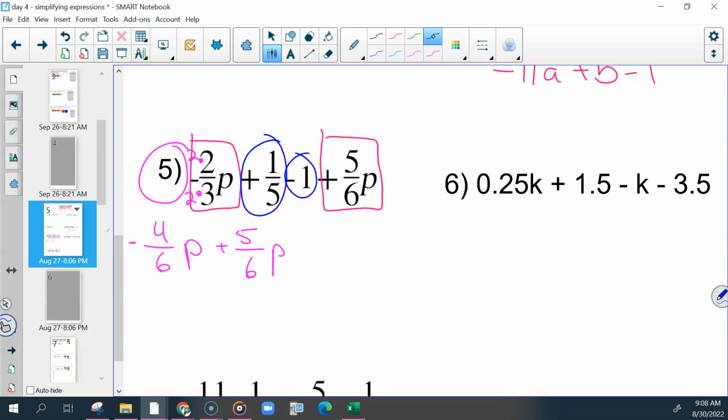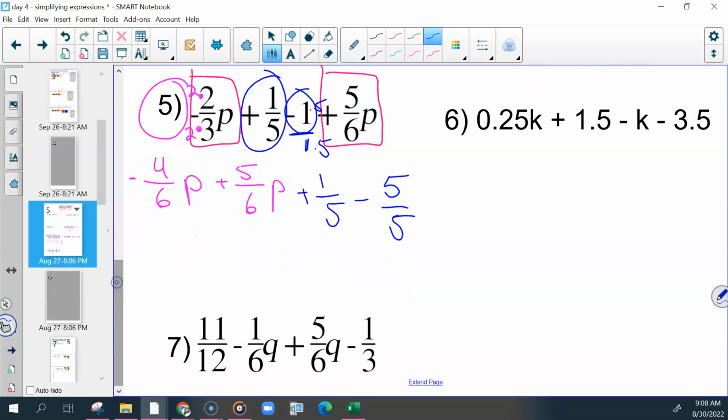They have an invisible 1 underneath. Regina? -5. Plus 1 minus 5. These are 5s.